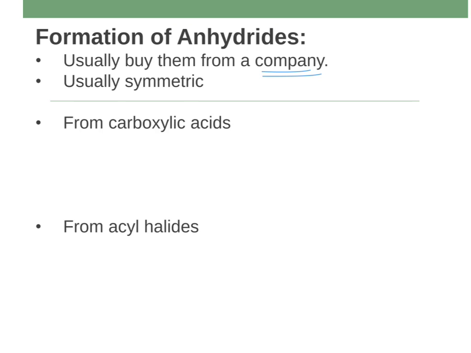And when we buy them, they're almost always symmetric. If you get an anhydride, it's almost certainly going to have the same two groups. So this would be acetic anhydride. It's symmetrical. There's a methyl on either side. You don't normally get a mixed anhydride. They exist, there's no reason why you can't have a mixed anhydride, but that's asymmetric, and these are rare.